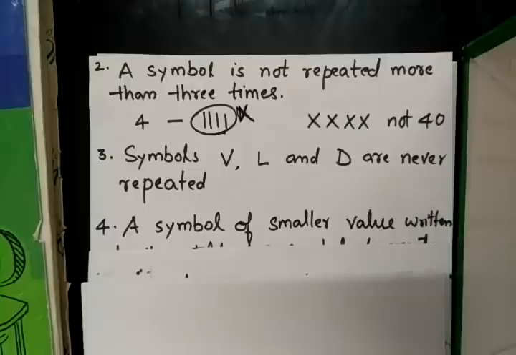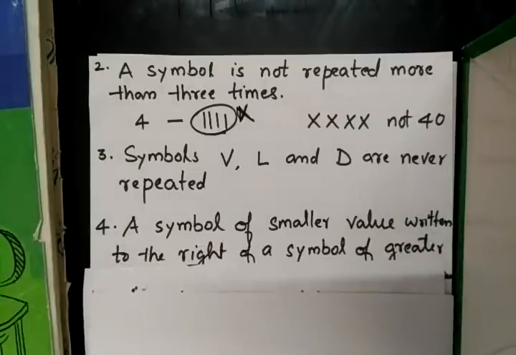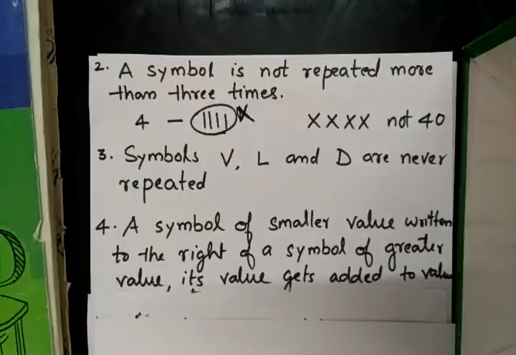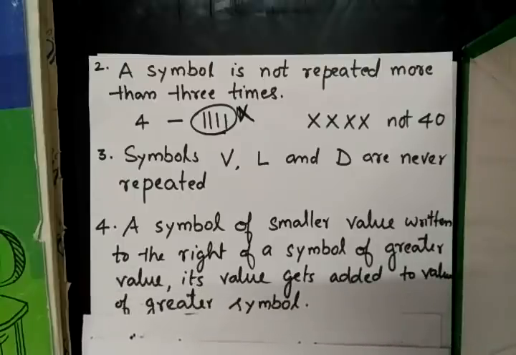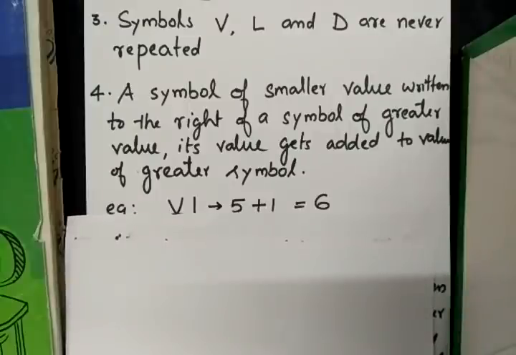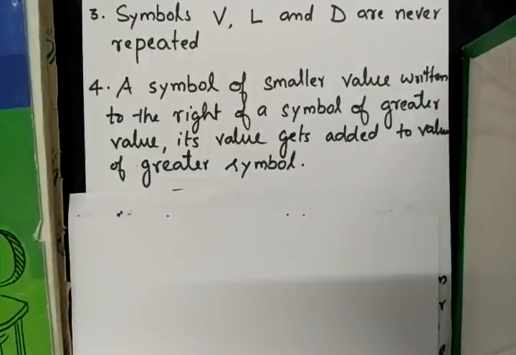The fourth rule is: a symbol of a smaller value written to the right of a symbol of greater value, its value gets added to the value of the greater symbol. Let us do an example, then you can understand it very easily. The statement is a symbol of a smaller value written to the right of a symbol of greater value.